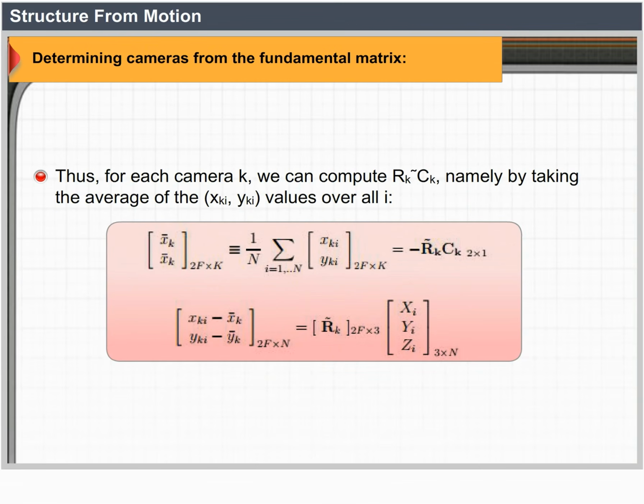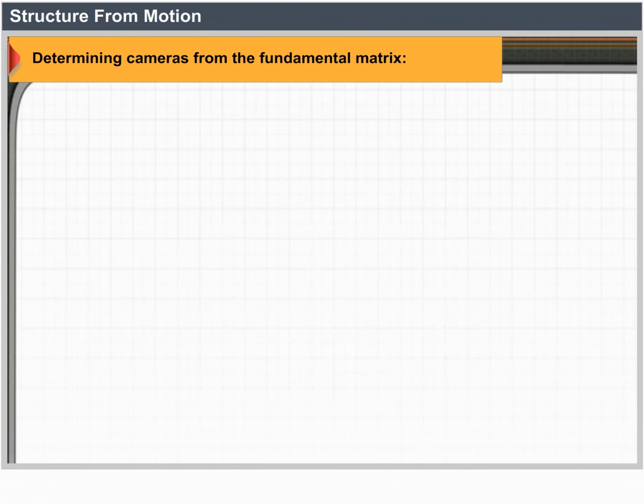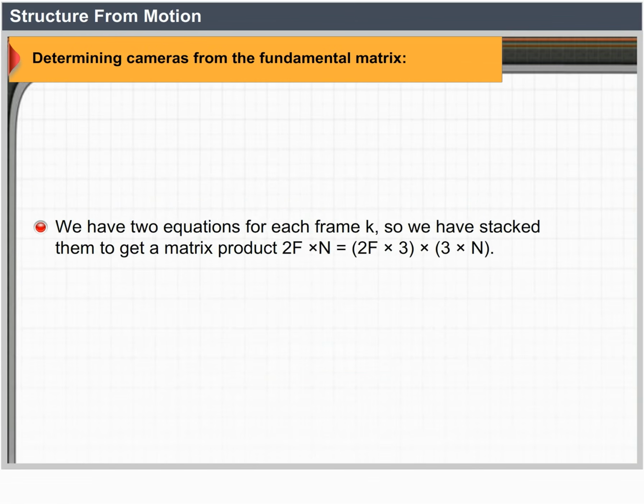We have two equations for each frame k, so we have stacked them to get a matrix product 2F cross N equals 2F cross 3 into 3 cross N.